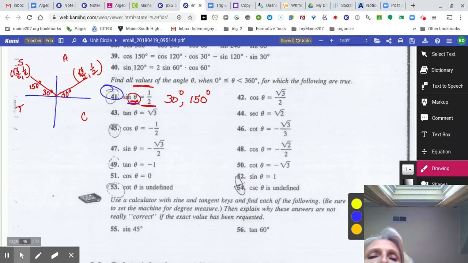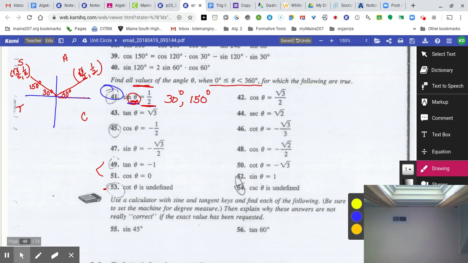And this is what the restrictions tell me. My angle has to be greater than or equal to 0. So don't forget, you can start your angle here. 0 degrees is counted in that. You're going to find that probably down in 49, 51, 53.